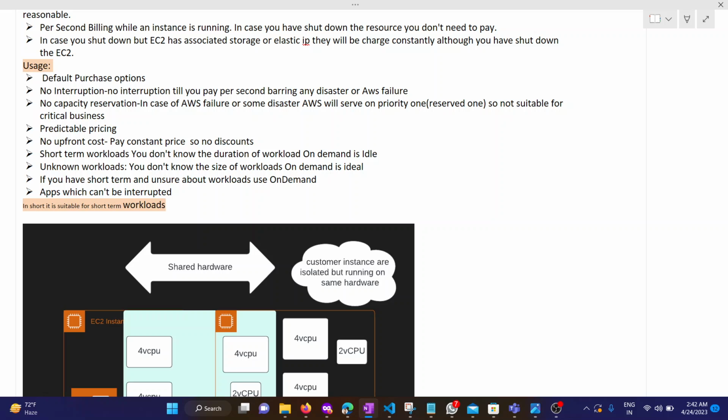You can use on demand. Okay, sorry for that, I will explain it again. Basically, on demand we will be using for short term workloads.